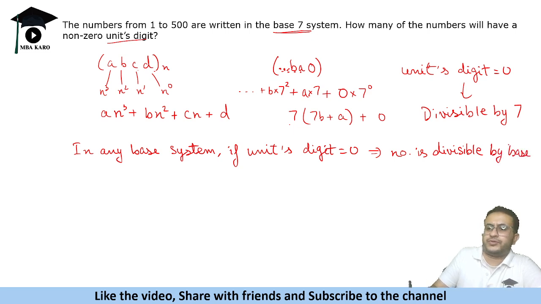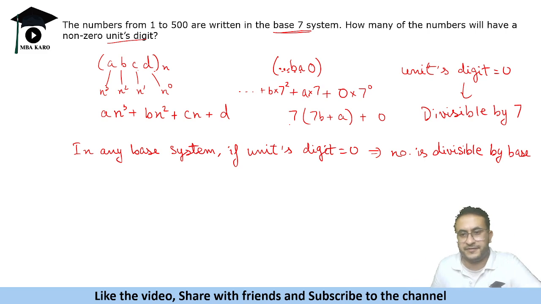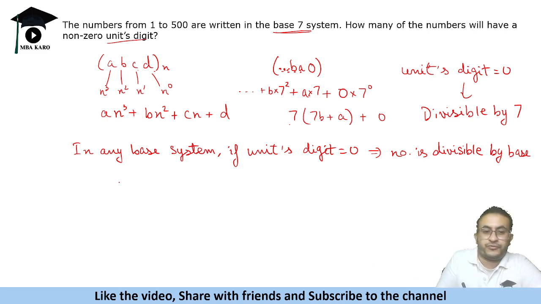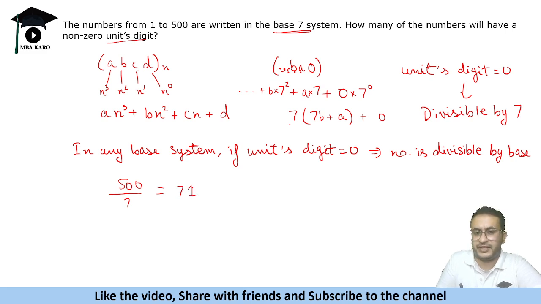So we are finding non-zero, that means not divisible by 7. 500 divided by 7 gives us 71, since 7 times 71 is 497. So 71 numbers are divisible, so they will have 0 as the units digit.